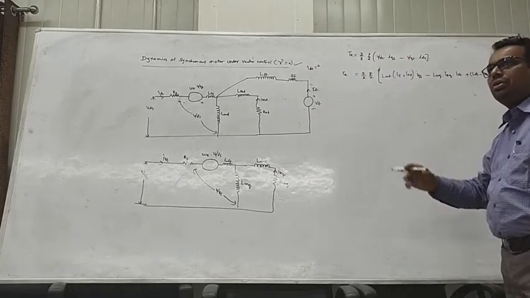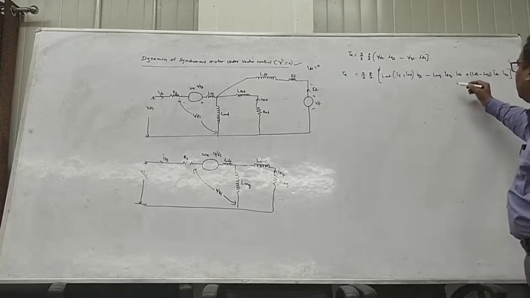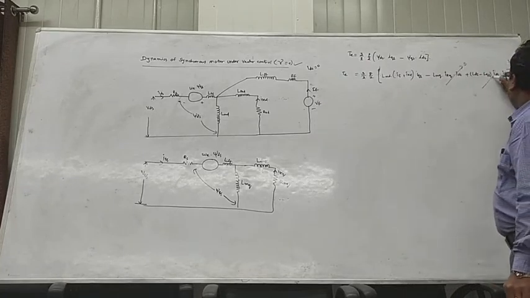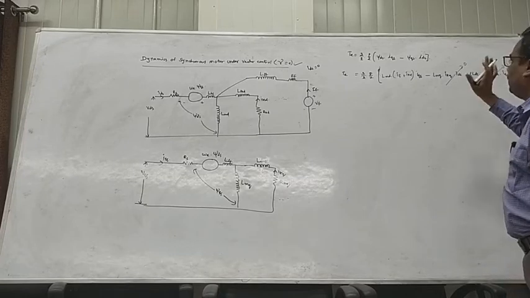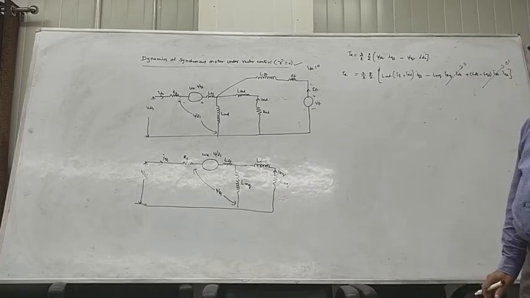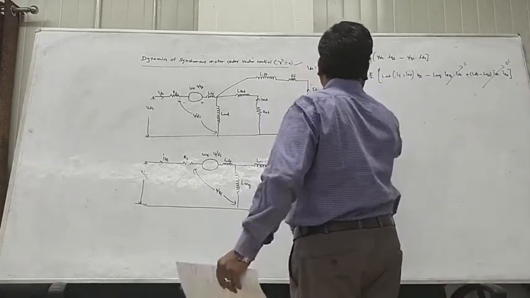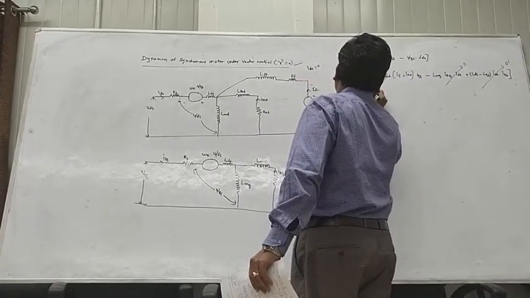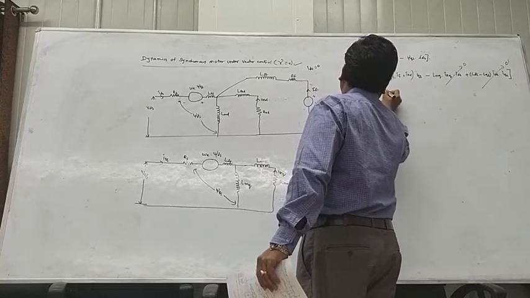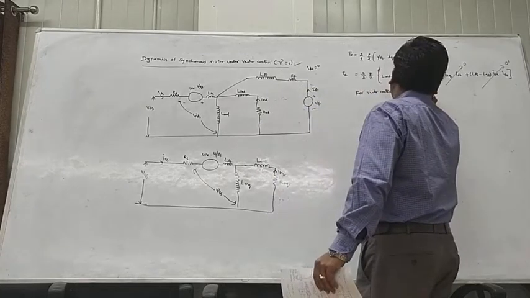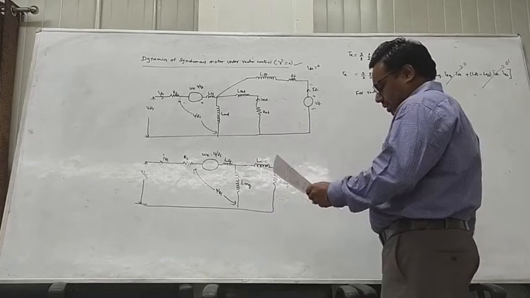If you substitute this condition, if IDS is 0, then this term is equal to 0, and here also IDS is 0, so these two terms will be 0. After simplifying, for vector control, gamma is equal to 0 and IDS is equal to 0.